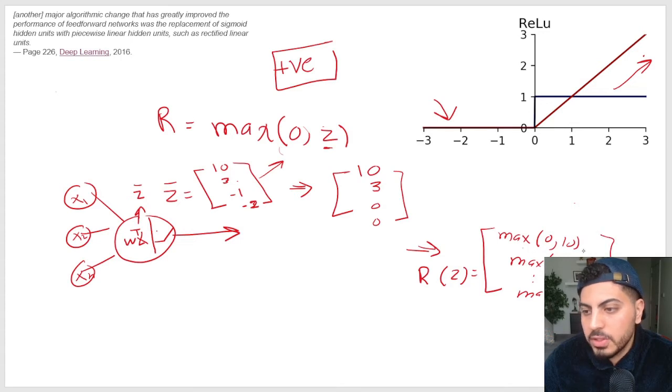Max of 0 and 10 is 10, max of 0 and 3 is 3, max of 0 and negative 1 is 0, max of 0 and negative 2 is 0. So this is how the ReLU function works. It's an element-wise function, applied to each element of the input independently.